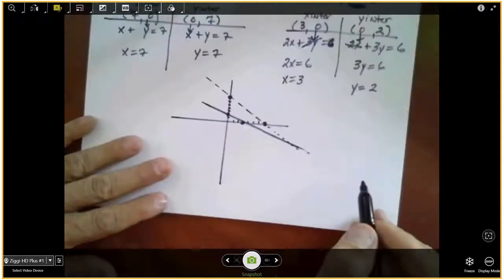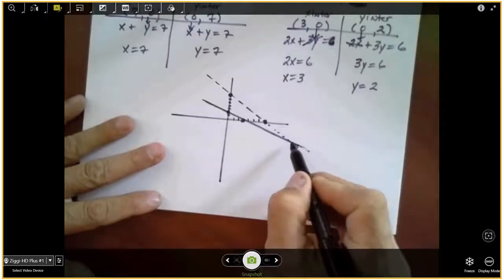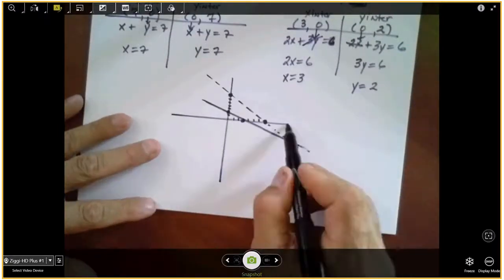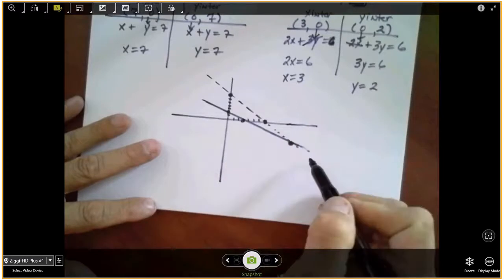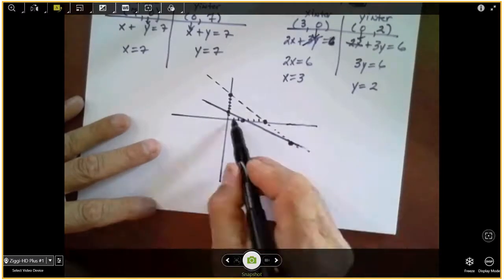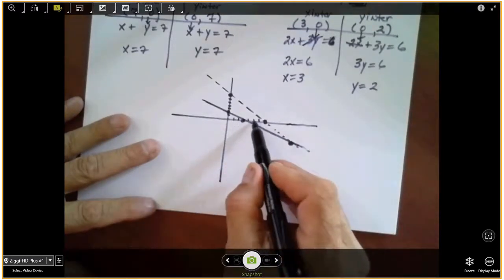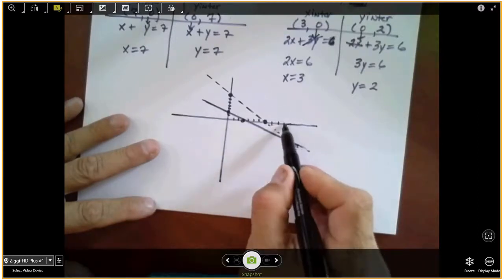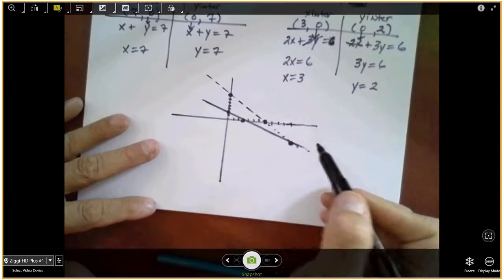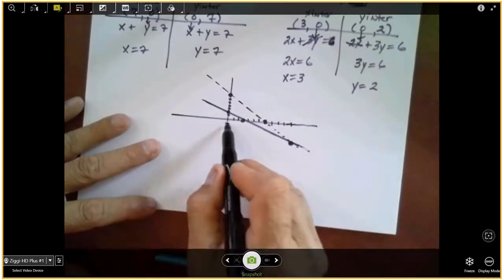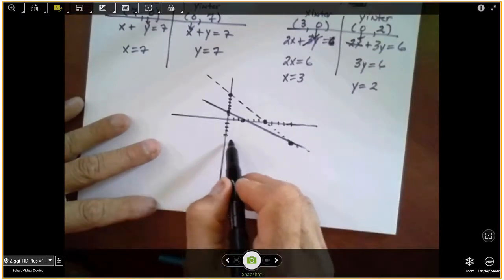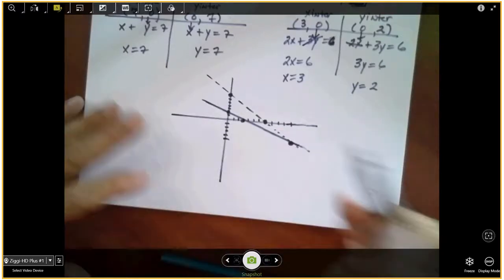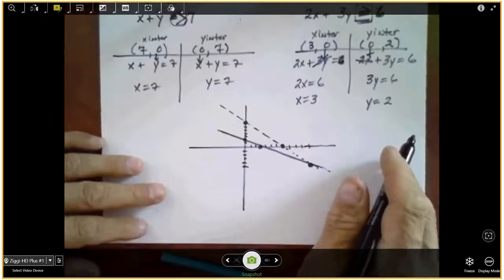And it looks like we see an intersection point right about in there. Of course, I don't have graph paper, so I have no earthly idea what it is. But that's not what's important.